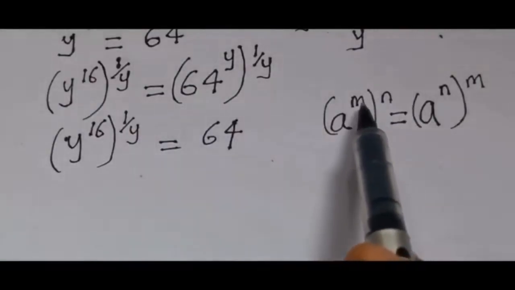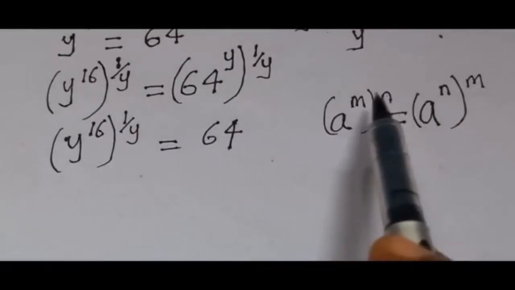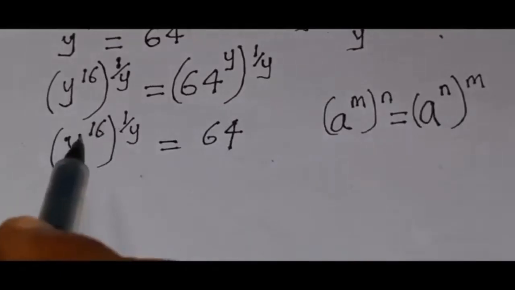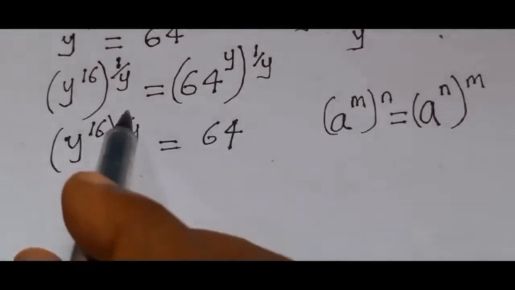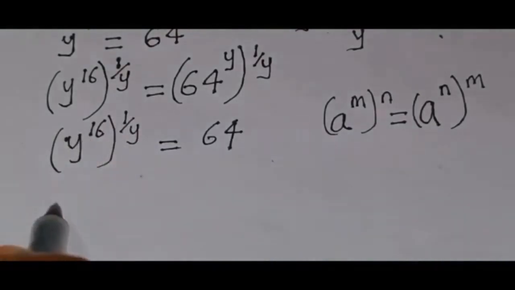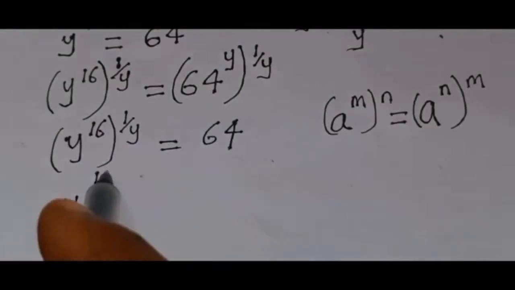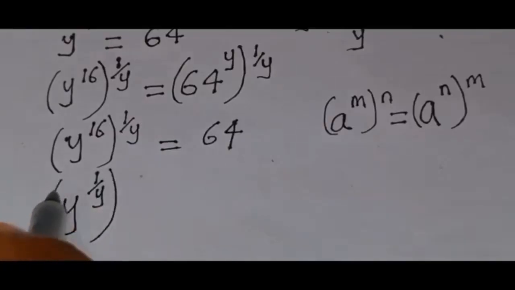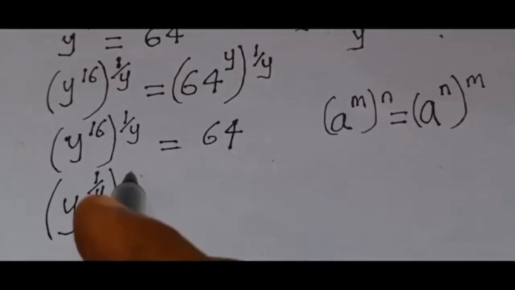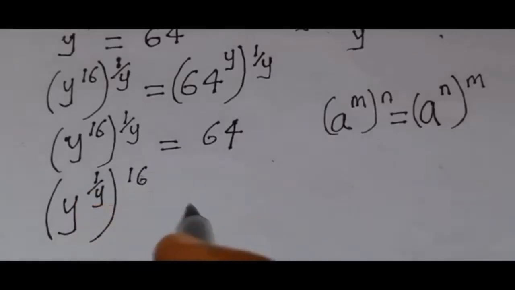The one which is inside goes outside, and the one which is outside goes inside. So this is what we are going to apply here. 16 will go outside and 1 over y will go inside. So we have y raised to power 1 over y in the bracket raised to power 16 equals 64.